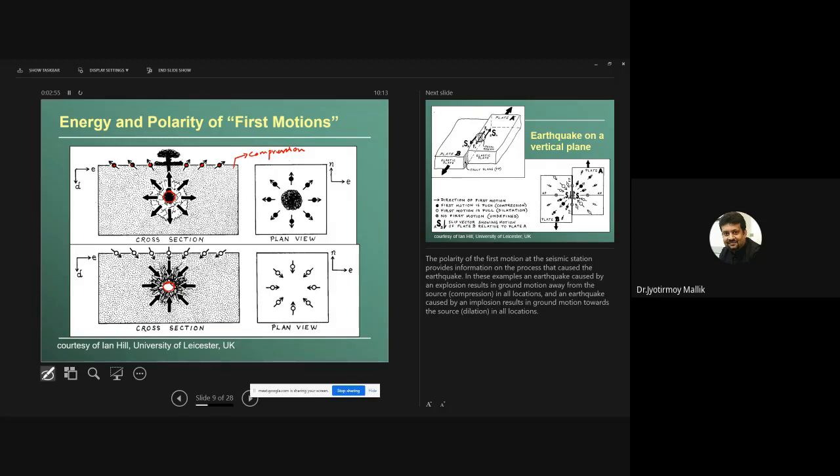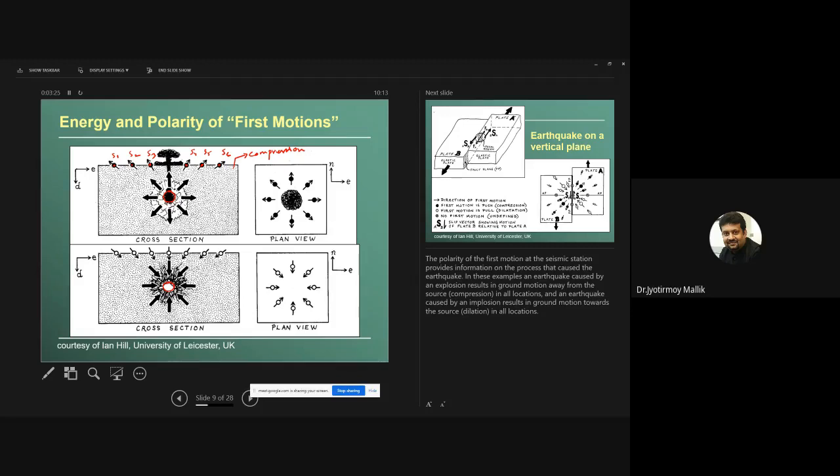Sorry guys, so this is a focus created by compression, an earthquake created by compression, and these are the seismometers: seismometer 1, 2, 3, 4, 5 and 6. The first ground motion that they measure is also compressional.